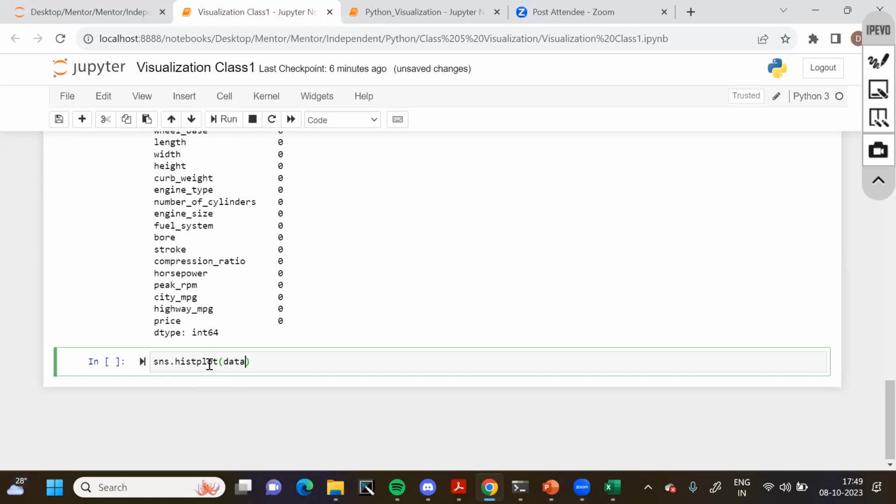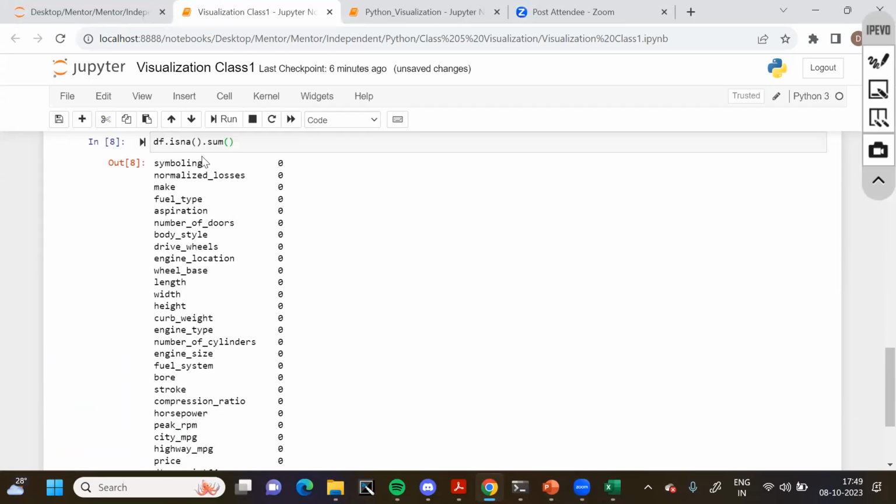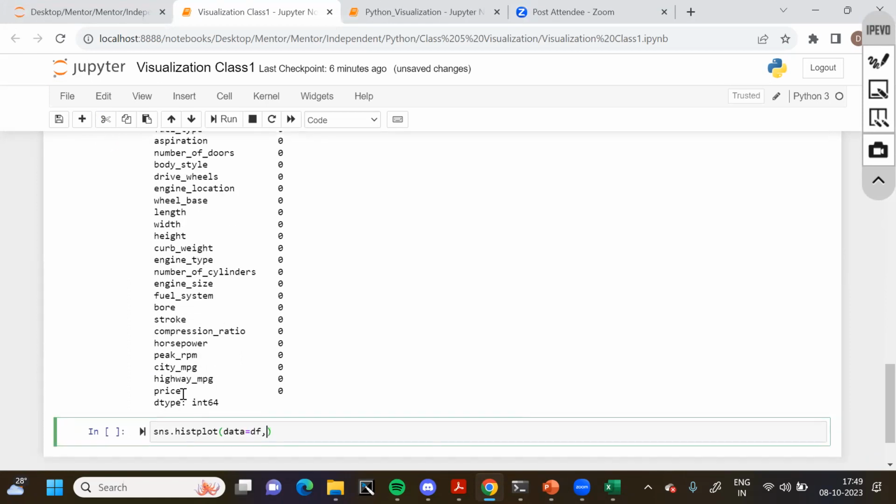You can give data is equal to df, which means the data is df, and you can give which column you want to check. Suppose I want to check the price, the distribution of the price of the automobiles.